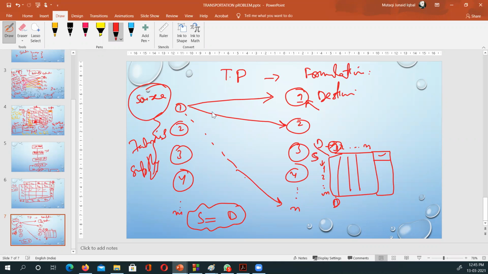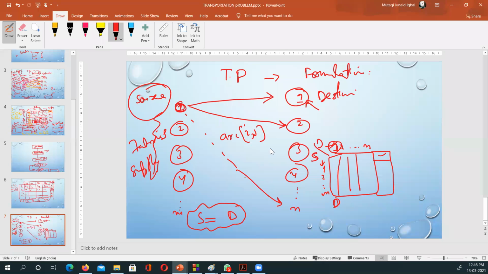Now these arcs, we are showing them with the arc, that from a particular source, where are we sending to the destination. These arcs we call arc ij, which joins the source to the destination, and it carries two pieces of information.